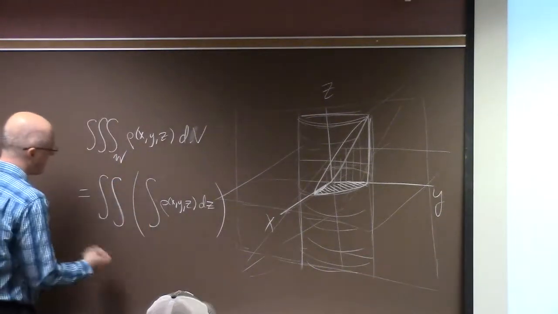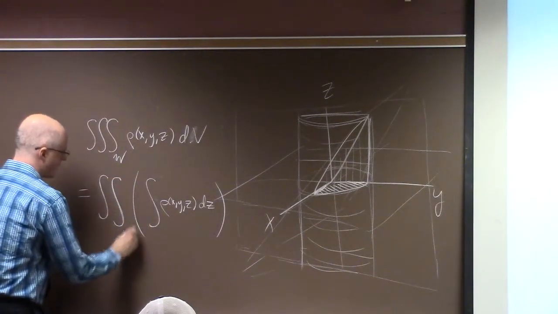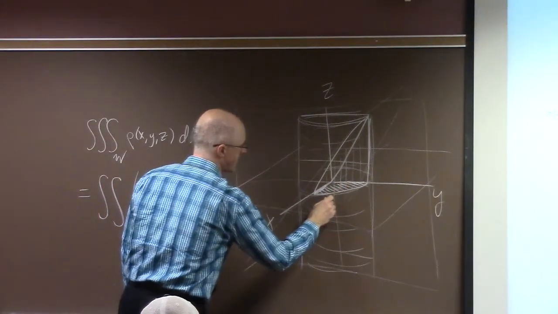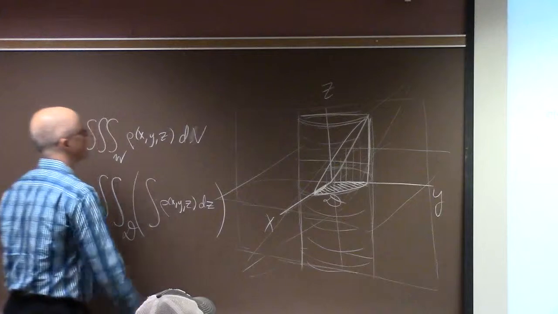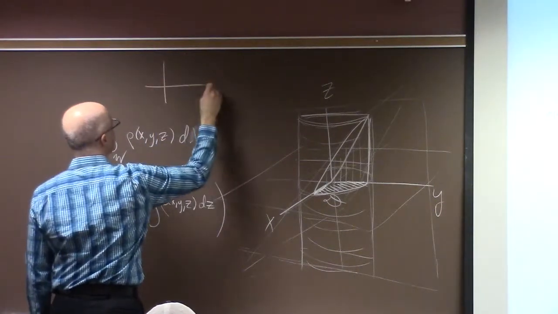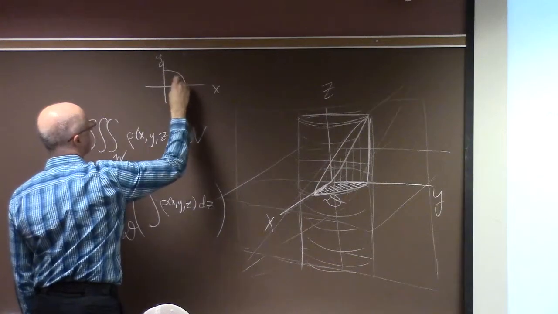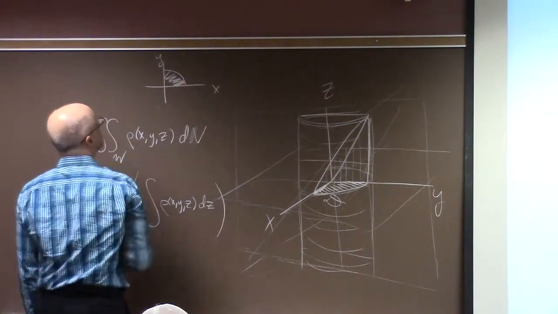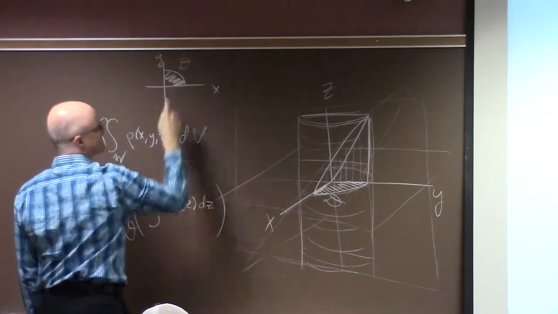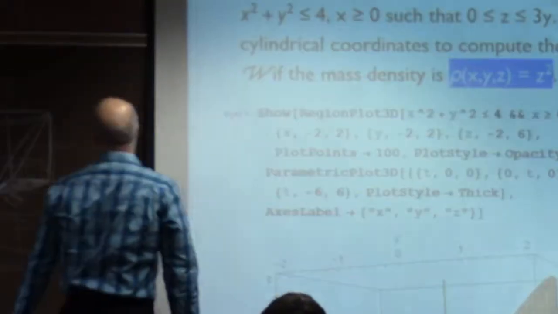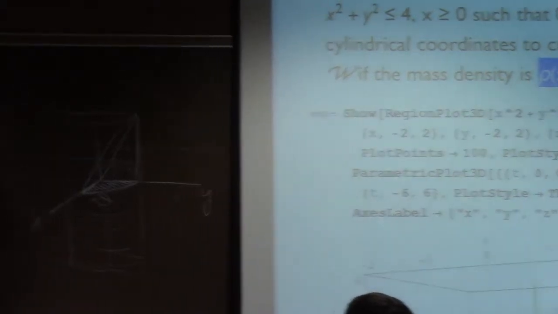The outer integral I'm representing as a double integral here initially over D, where D is this two-dimensional domain, the shadow down here, that's D. If you redraw it in a regular xy plane, D would look like this. It would be a quarter of a circle. The radius of the circle, because of the 4 there being the same as 2 squared, would be 2.